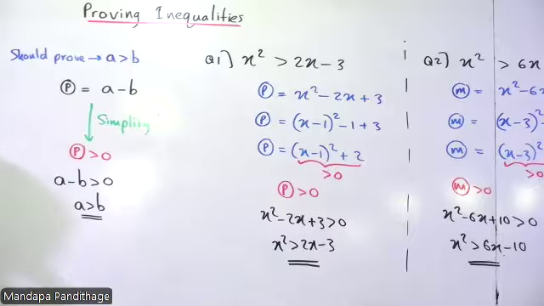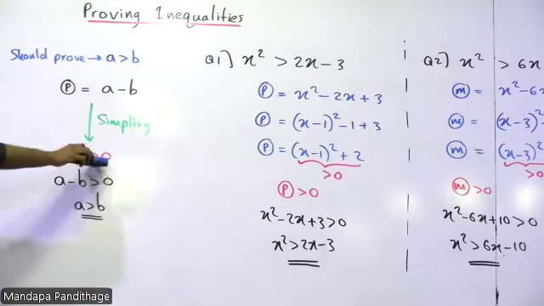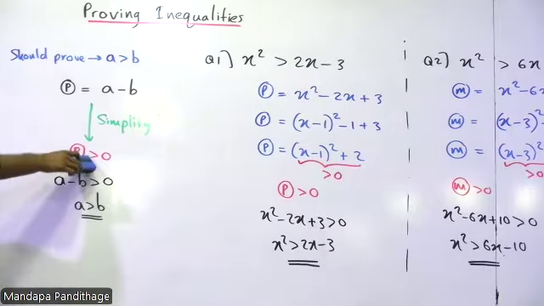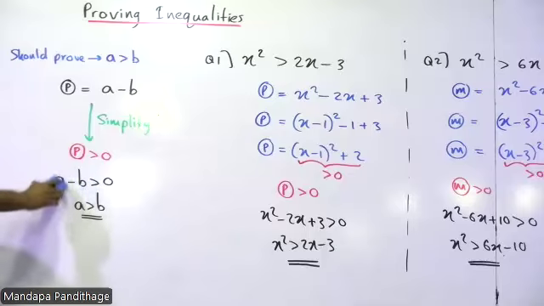That we can clearly say P is greater than 0. Then after that write this, then A minus B is greater than 0. So A is greater than B.